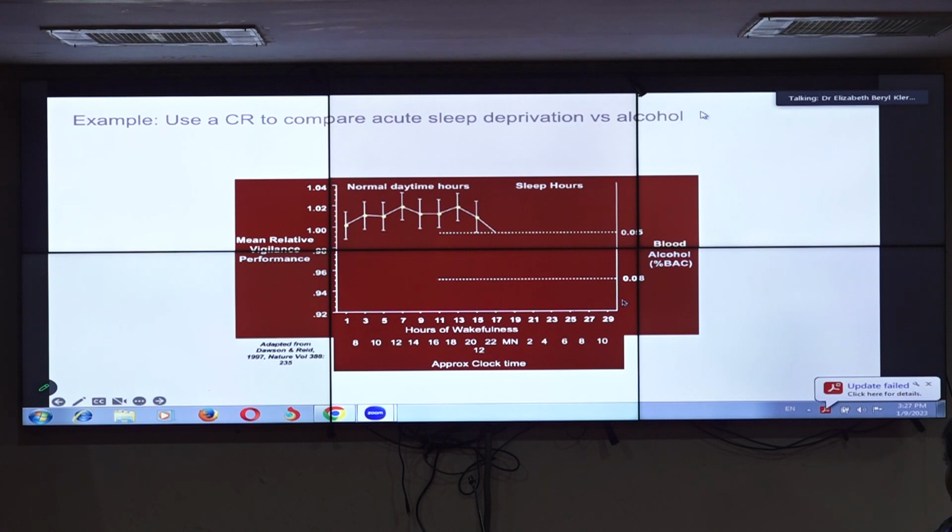And this is what happened on the constant routine if you kept somebody awake. After being awake for approximately 18 hours, people started pushing the button, like slamming on the brakes when something changes in front of you, as if they were legally drunk.